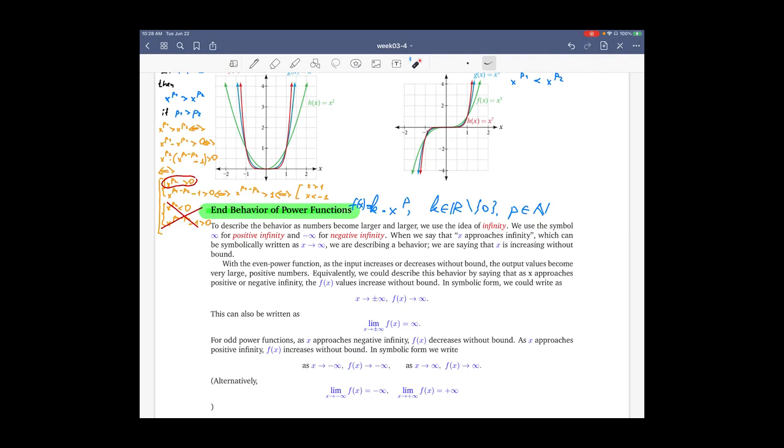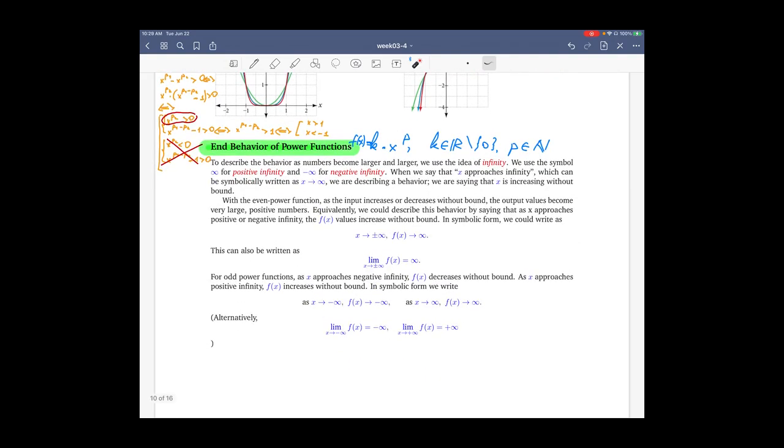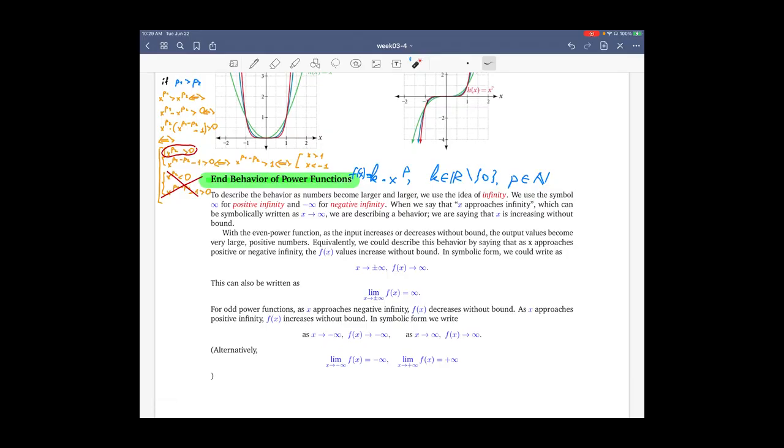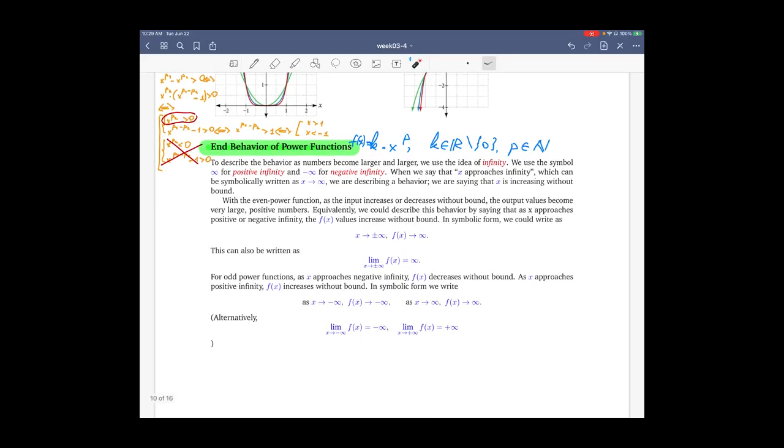In other words, we will write that limit of f at, say, negative infinity is negative infinity, and write literally lim f of x at x approaching negative infinity is negative infinity, to mean that whenever x is allowed to be infinitely large negative, negative 1000, negative million, negative billion, and so on, the values of f also become arbitrarily large negative.